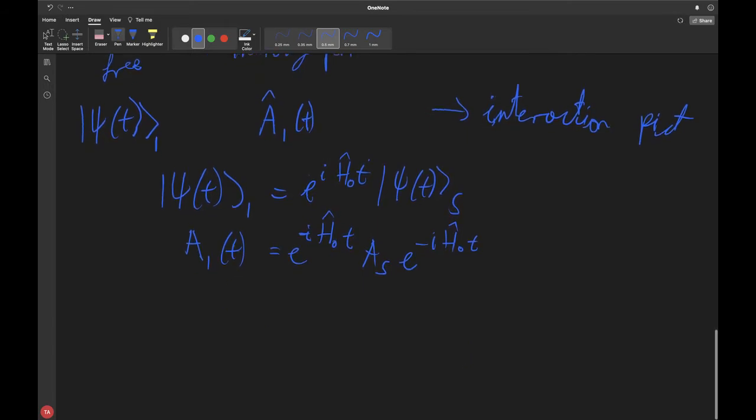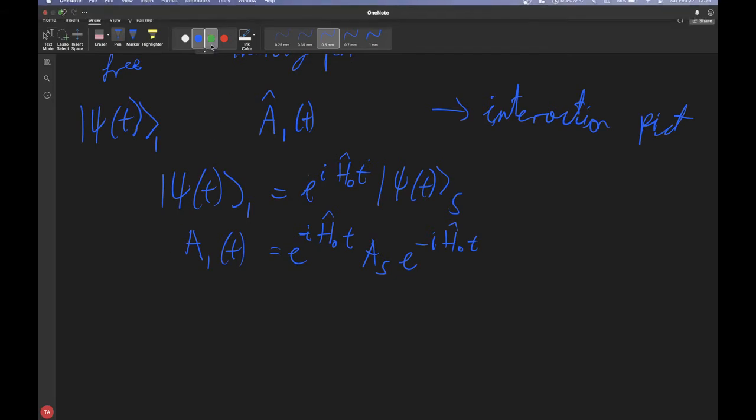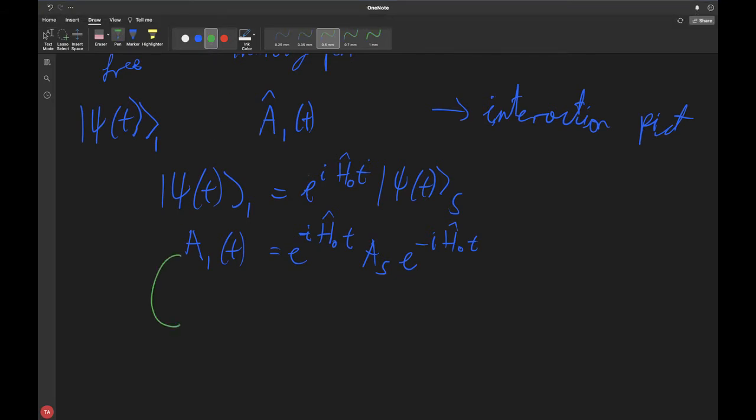So if I want to include an example for this A by inputting the Hamiltonian here.